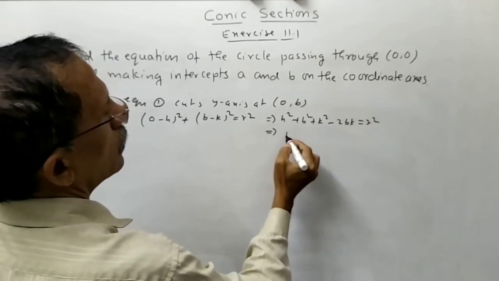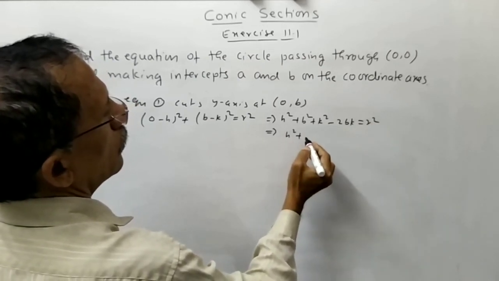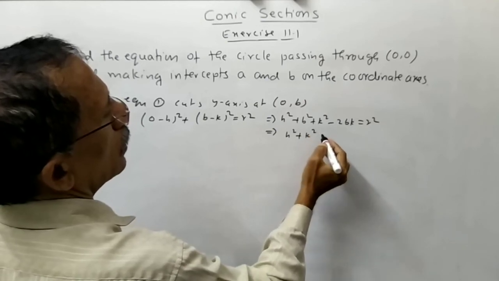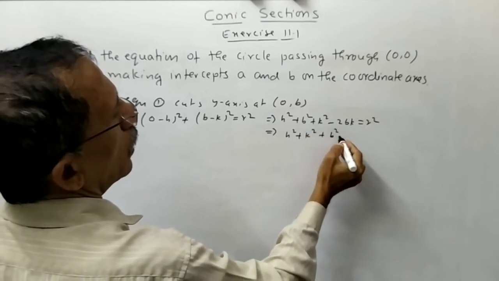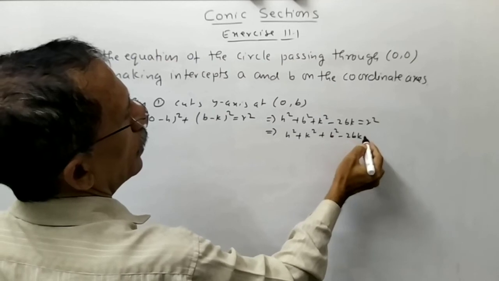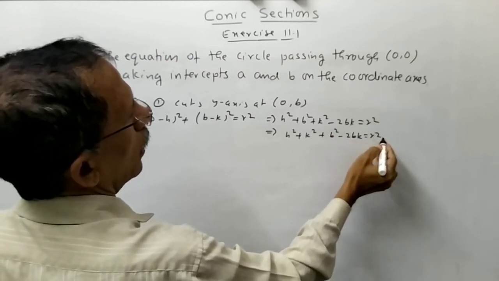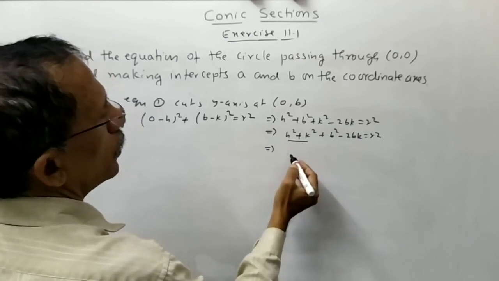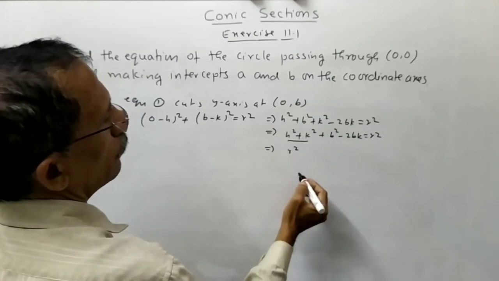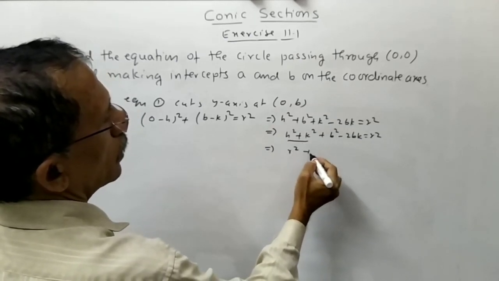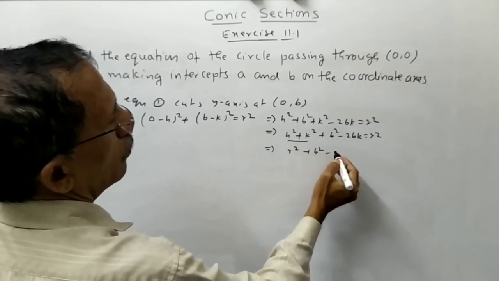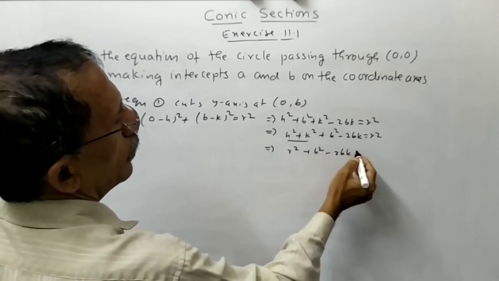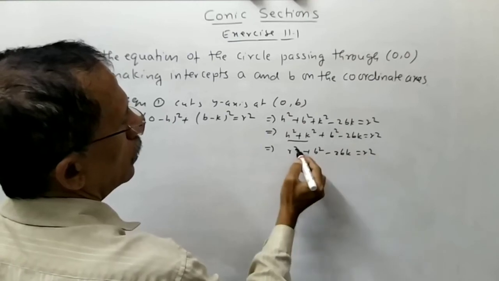This implies h square plus k square is equal to r square plus b square minus 2bk is equal to r square.